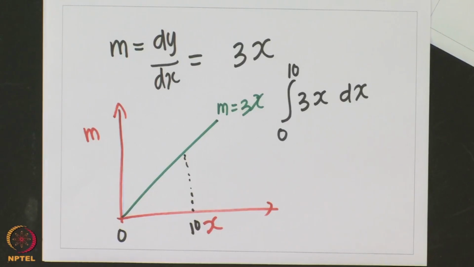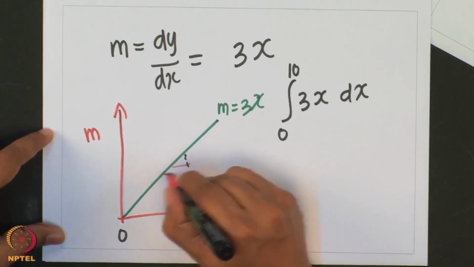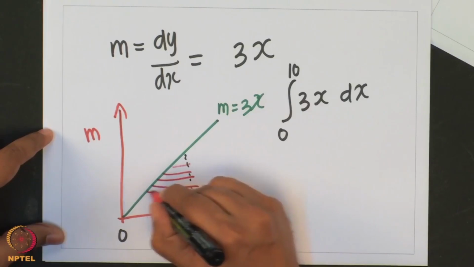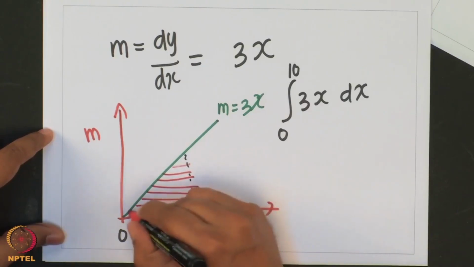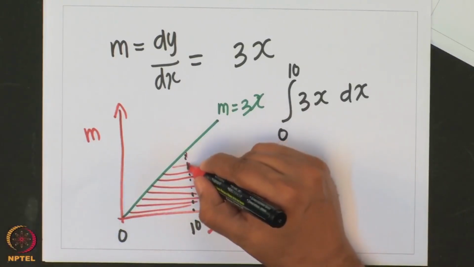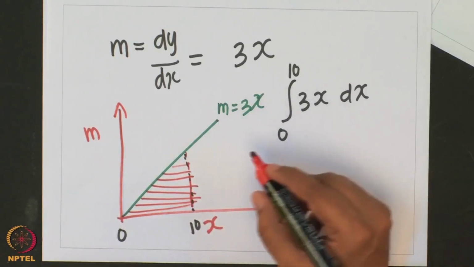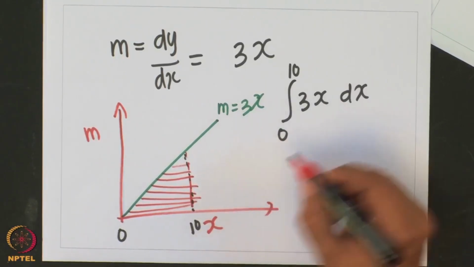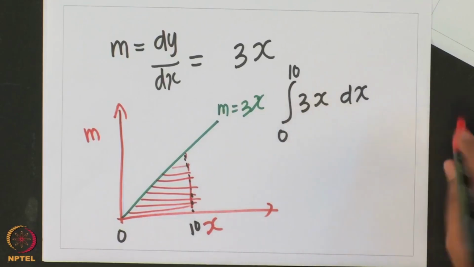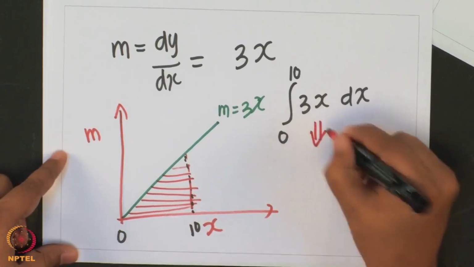If I can calculate this shaded area between 0 and 10, this will be the answer to this question.